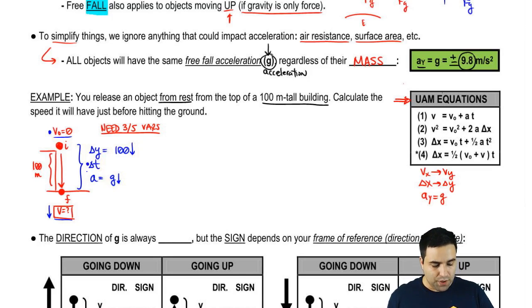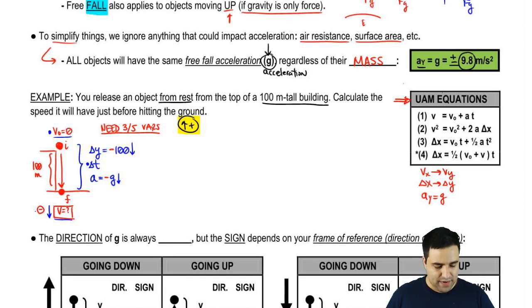So what we're going to do is say that going up is positive. You have to determine whether going up is positive or going down is positive. And for this one, I'm going to say that going up is positive. If you look at this problem, delta y is going down. If up is positive, then down has to be negative. G is going down, so if up is positive, G has to be negative. And then this velocity here will be negative as well.